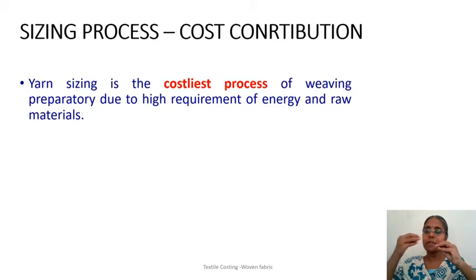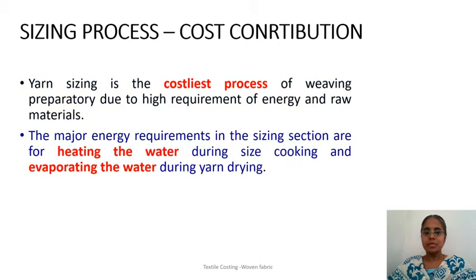So for that, you need to dry it by passing it through hot cylinders, which requires more power consumption. Also the raw material, the size paste preparation and the sizing ingredients, are costly. So the heating of water and evaporation of water, everywhere energy is required.